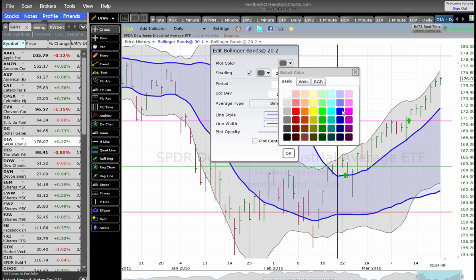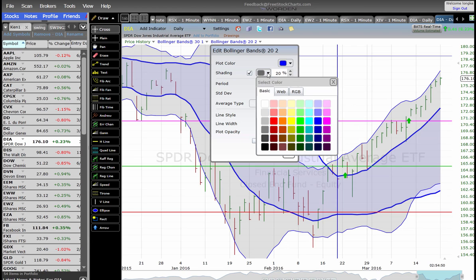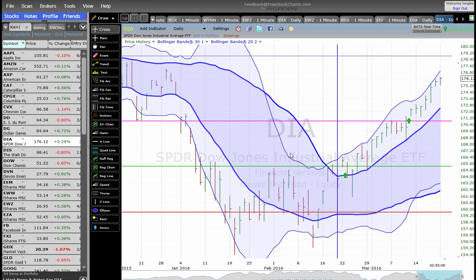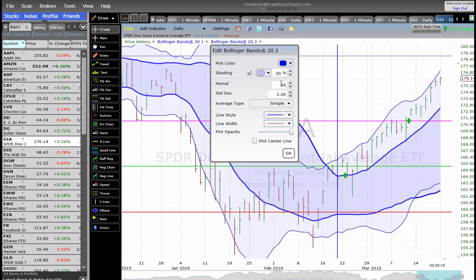We're going to make that plot color also dark. We're going to pick that lighter shade of blue. Needed to make that 30, sorry.